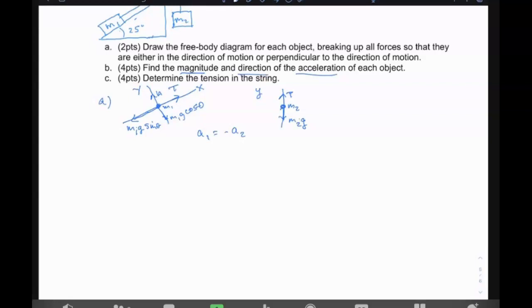So now let's sum the forces acting on body 1, summing the forces in the x direction on body 1. So we have the tension force in the plus x direction and m1g sine theta in the minus x direction, and that's equal to m1 times a1.